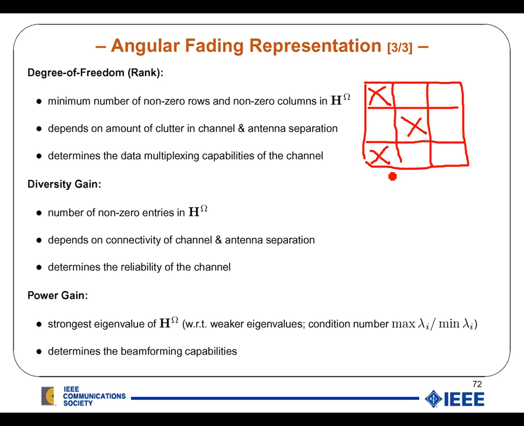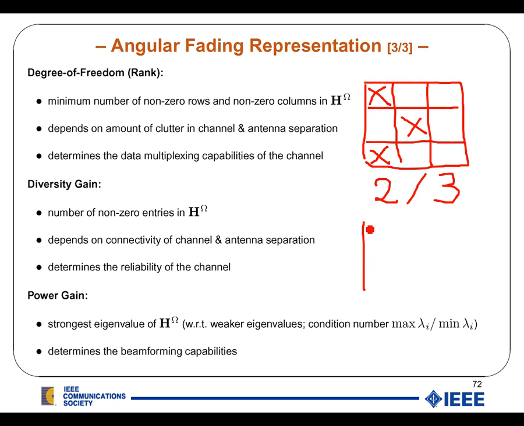So therefore, my degree of freedom, my rank, or my data multiplexing capability is 2. As for the diversity gain, we said it is the number of non-zero entries, and that one is 3. So therefore, the reliability of that channel is 3. I remind you, multiplexing 2, reliability 3.